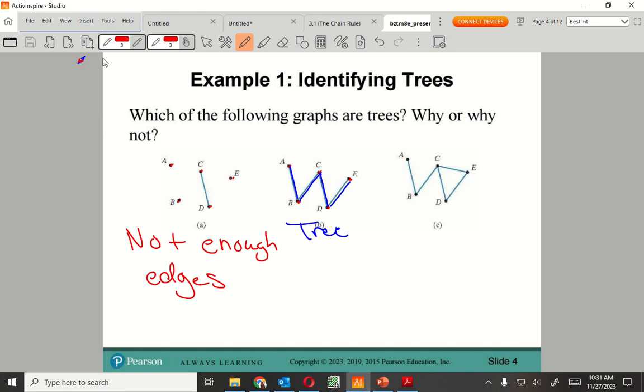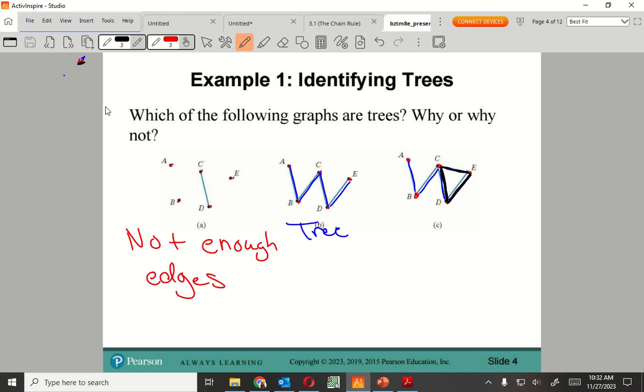Now let's do the next one. Let's count. 1, 2, 3, 4, 5, right? Now let's count the edges. 1, 2, 3, 4, 5. Uh-oh. There are too many, right? But there's also another thing that I want to point out. Right here, this part is a circuit. There is a circuit here.